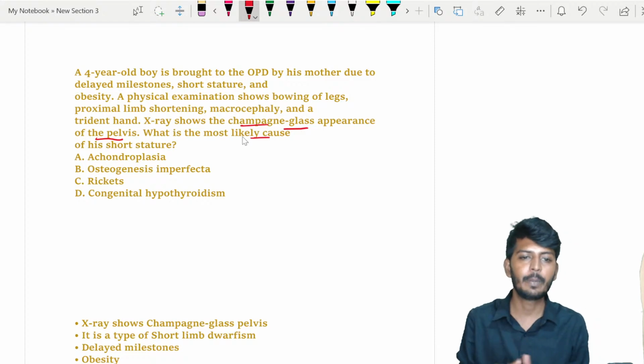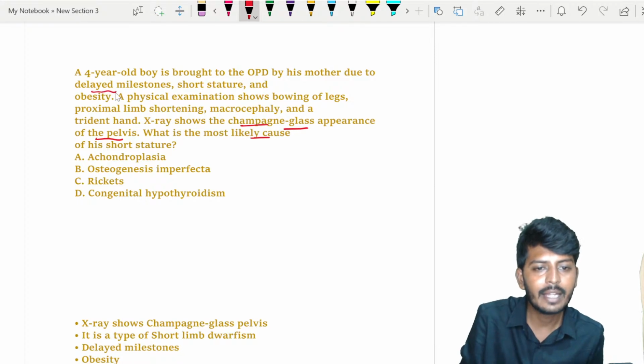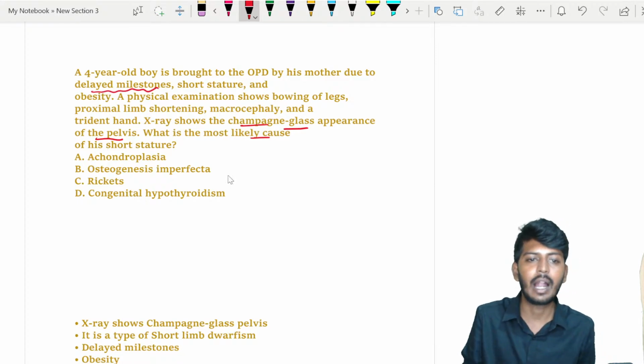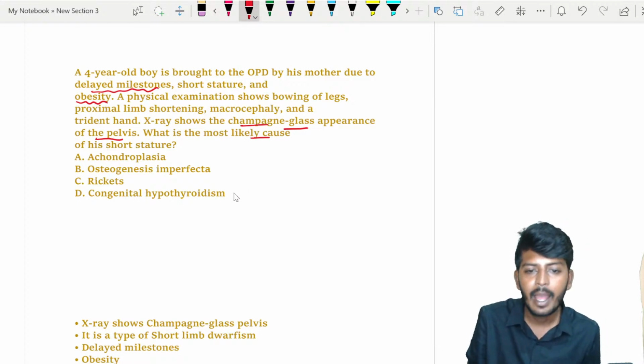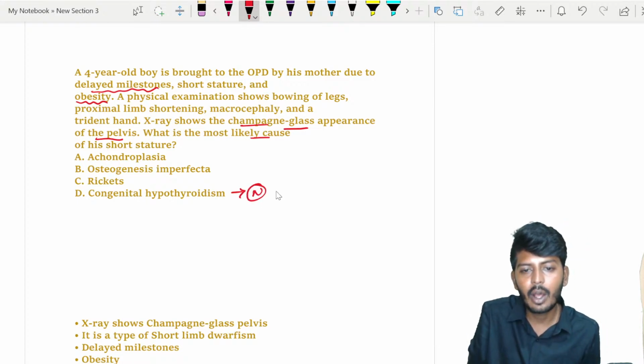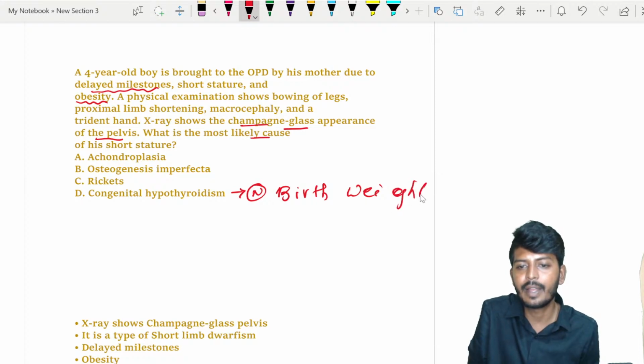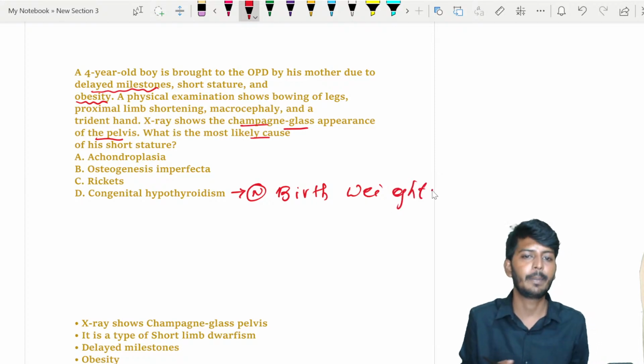So please listen to me. Bowing of limbs is there, but please understand delayed milestones and also obesity. Obesity, you might think hypothyroidism, but in hypothyroidism there is actually normal birth weight. This is a very important point to be remembered.